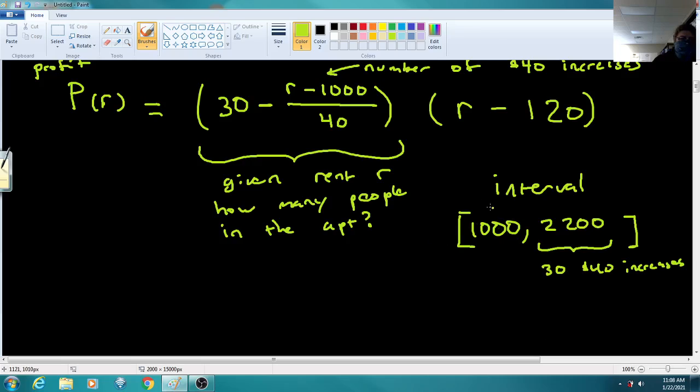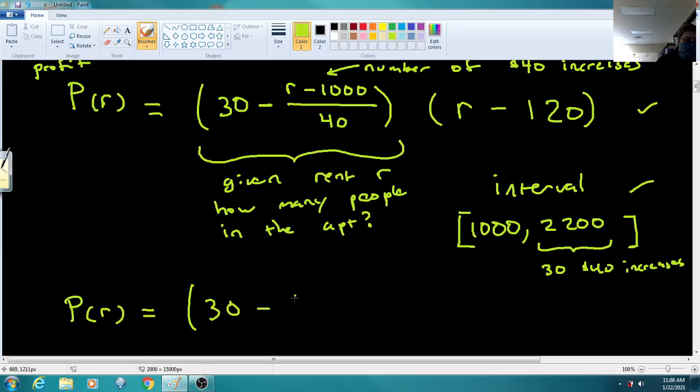Okay, so we got our equation, got our interval. I need to mess around with this equation to get it set up to take the derivative, because if I take the derivative in this format, it's going to be a big headache. I think it's going to be easier to algebraically simplify it.